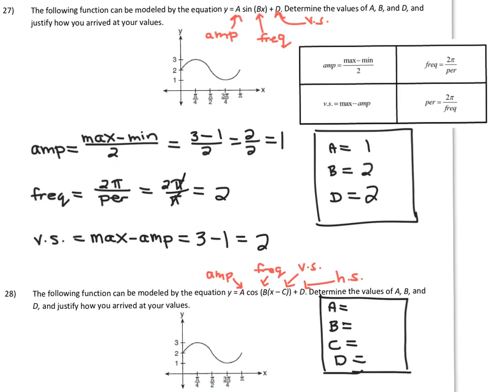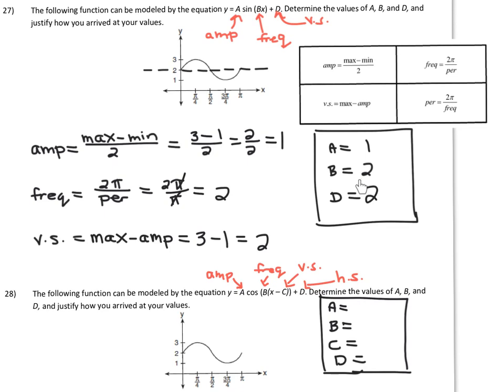Okay, so those are our values in 27. The amplitude is 1. And let's just look at this. I'm going to put a dotted line at the middle height of this graph. The amplitude we know is the height from the midline. If this is the midline, are you just going 1 unit up to get to the maximum point? So the amplitude is 1. Frequency we found to be 2.